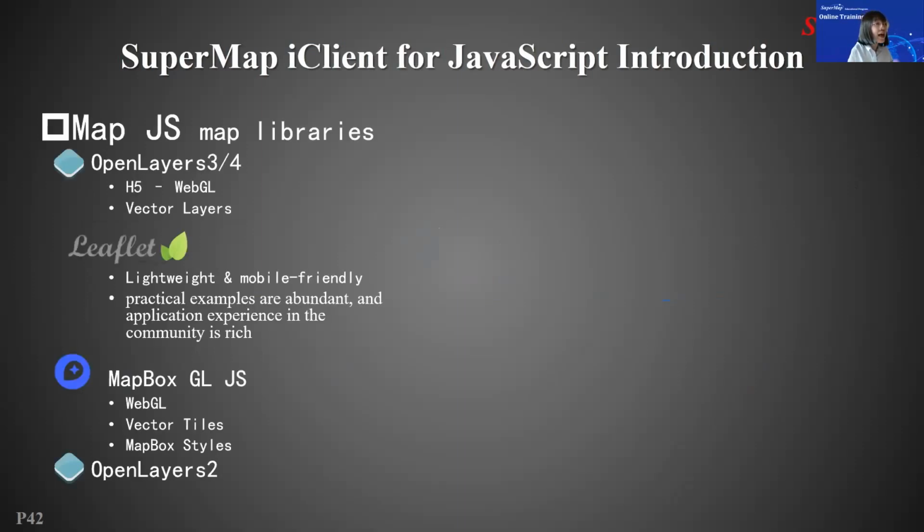For map libraries, we support OpenLayers, Leaflet, and Mapbox. OpenLayers is also a very strong open source map library. It has strong functions, supporting vector layers and spatial analysis. And Leaflet is a very lightweight and mobile friendly map library.